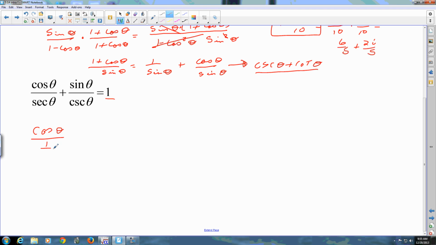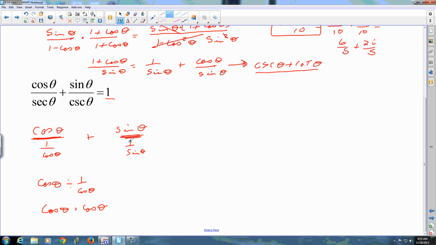So that would be 1 over cosine plus sine theta over 1 over sine theta. That's the main fraction bar here. You're dividing by this, so that's cosine theta being divided by 1 over cosine theta. So that's cosine theta times cosine theta, or cosine squared.